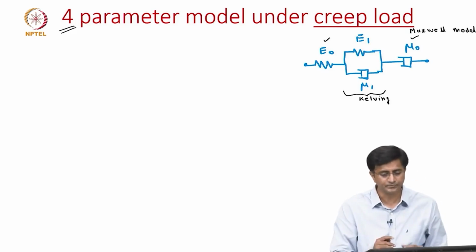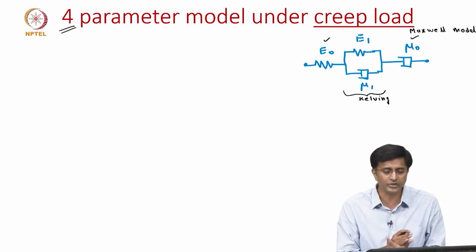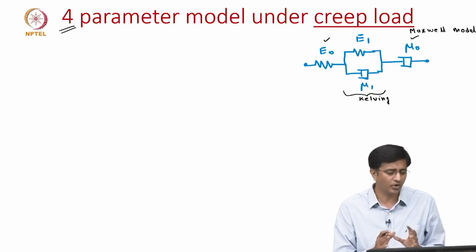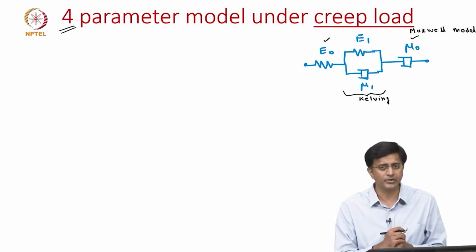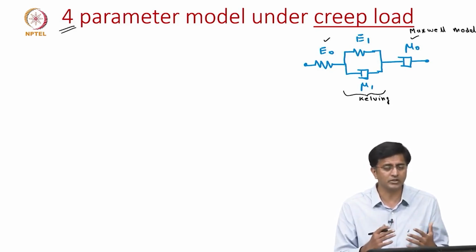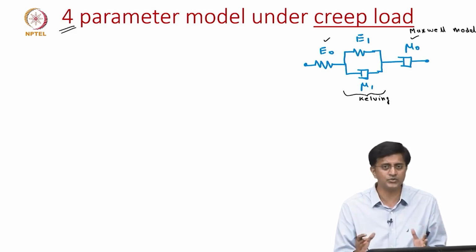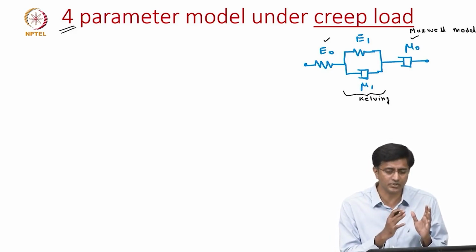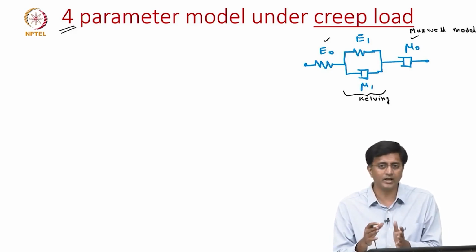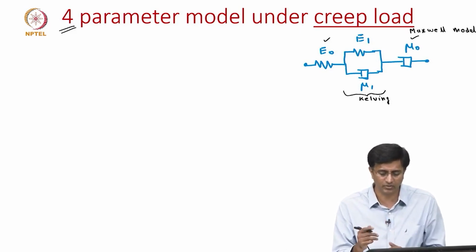Okay. So, again, how do we solve for the creep response here? We follow the same procedure we followed in the previous slide for the 3 parameter model, where we showed that instead of solving the differential equations, we simply use superposition, which means we superpose the strain response of the Maxwell model and the strain response of the Kelvin model.